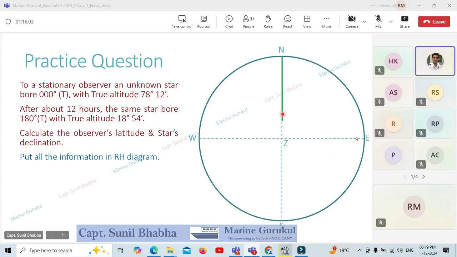Let's mark off this altitude in green. You can see the green line on the plot now representing an altitude of 78 12. And this is where we have the star. So the unknown star is bearing 000 and it is at a true altitude of 78 12.